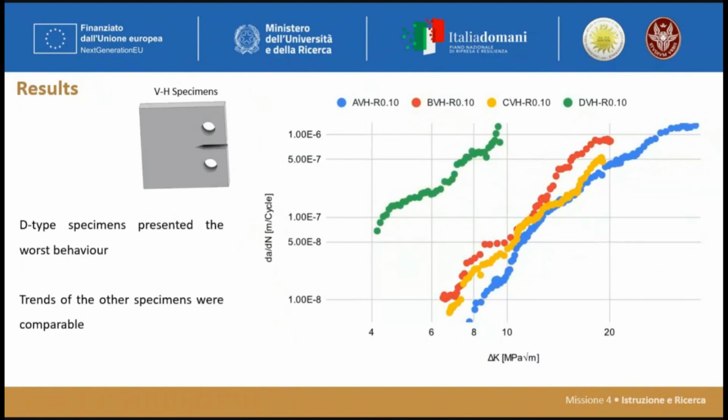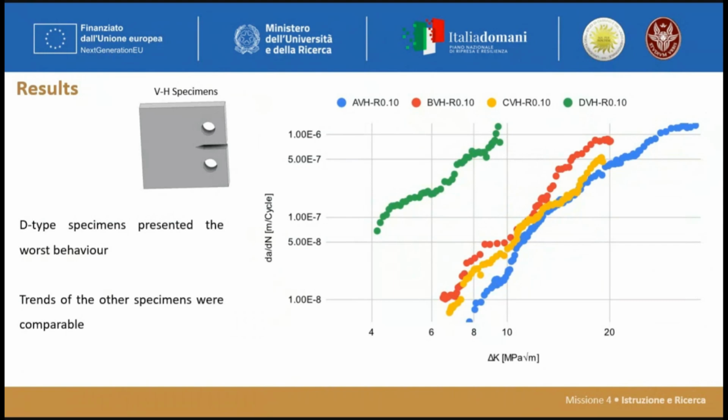In fact, if we have a look at the Paris curves, so the crack growth rate versus stress intensity factor range diagram, we can observe that the curve relevant to the D specimen is on the top left of this graph.